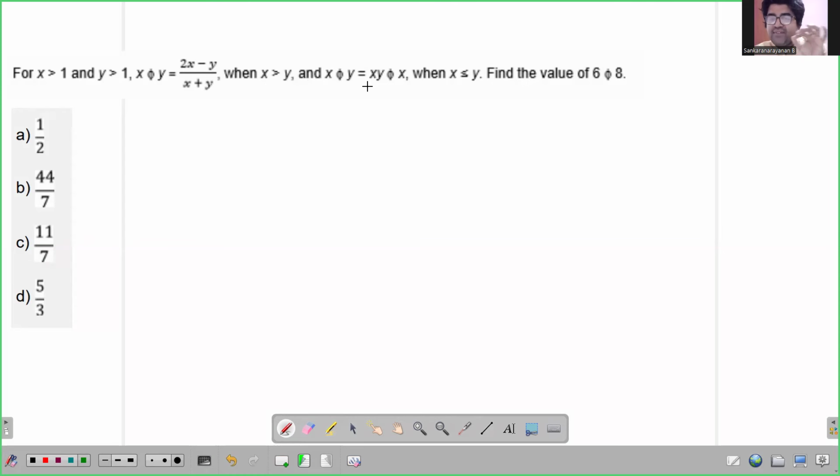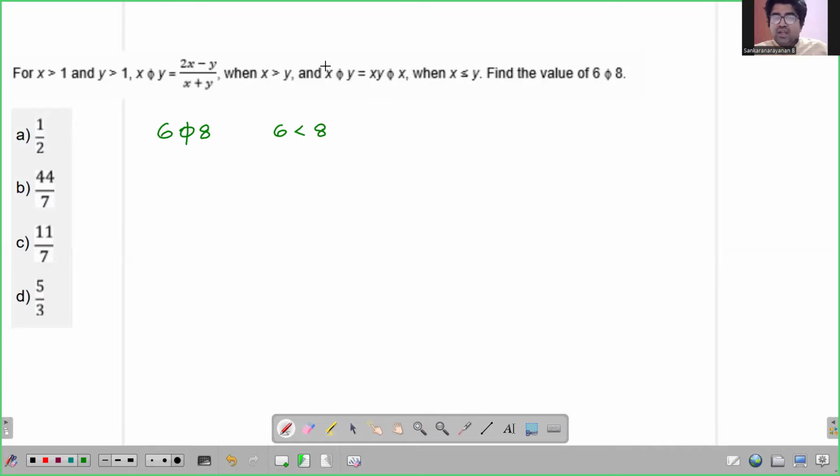And x phi y is equal to xy phi x when x is less than or equal to y. You are asked to find the value of 6 phi 5 phi 8. So please observe, when I am considering 6 phi 5 phi 8, I can see that 6 is less than 8.